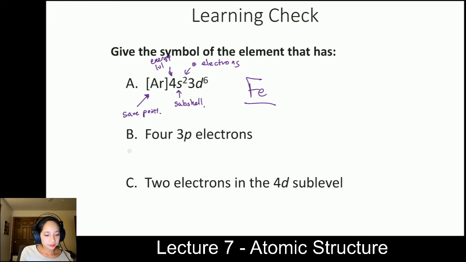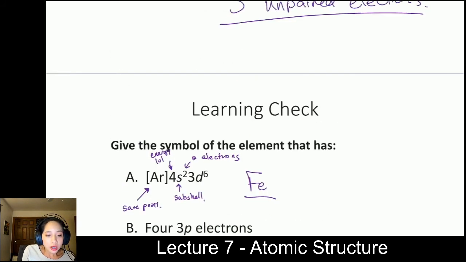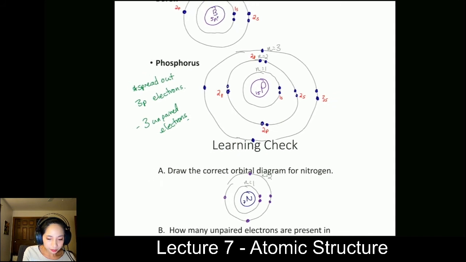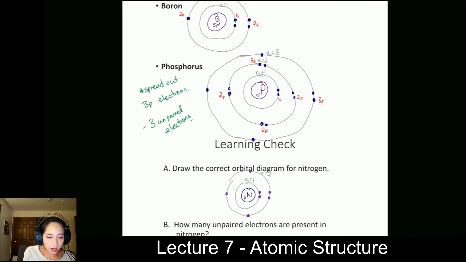Great. So this argon in brackets is just like a checkpoint. It's saying that iron has the same inner core as argon, and we just tack on these extra electrons to get to the iron element that we need. You'll actually see in some of these examples that the inner shells of these orbital diagrams always look the same.